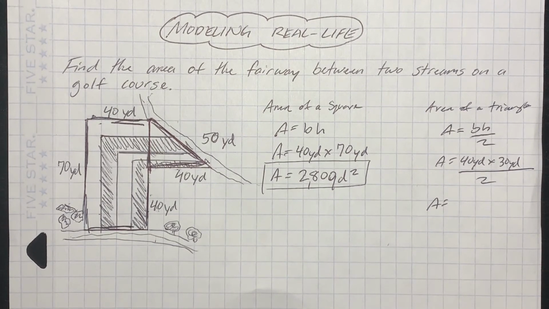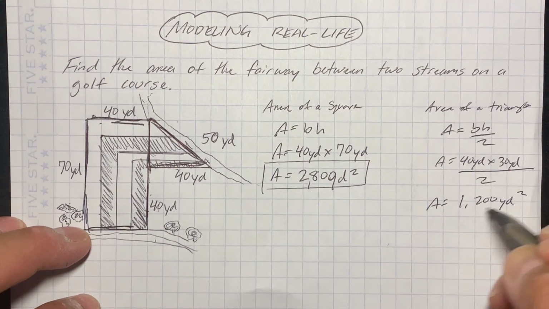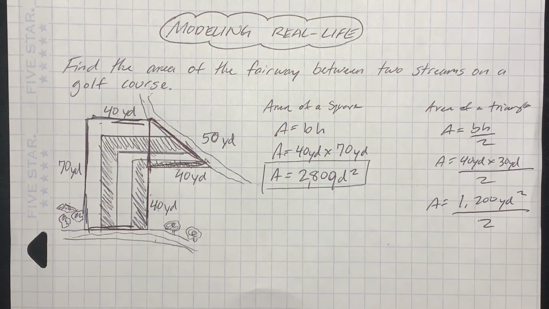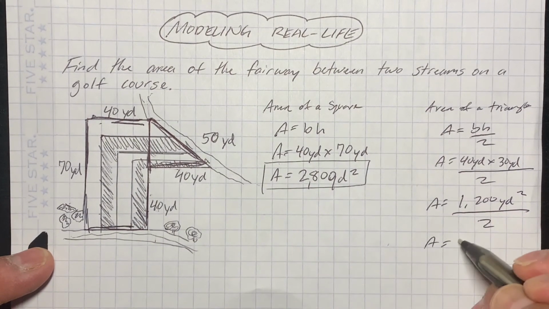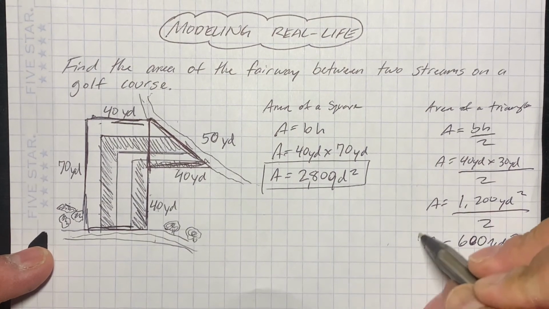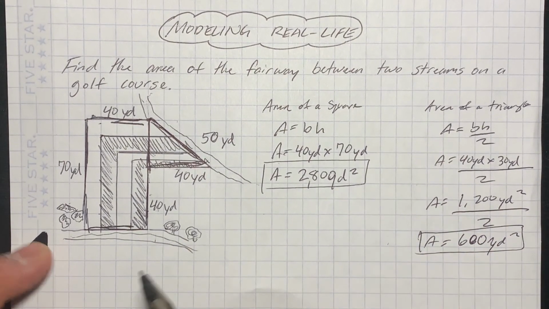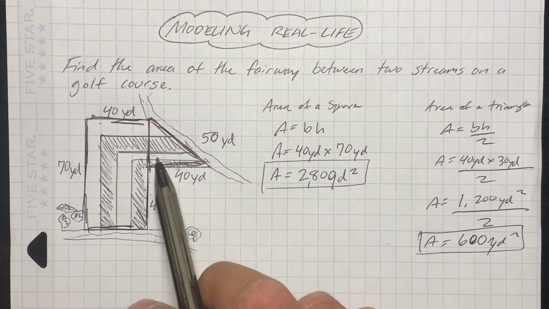So 40 times 30, that's going to be 1,200 yards squared divided by 2. So if we divide that, it's going to be 600 yards squared. Okay, so this little triangle here is 600 yards squared.